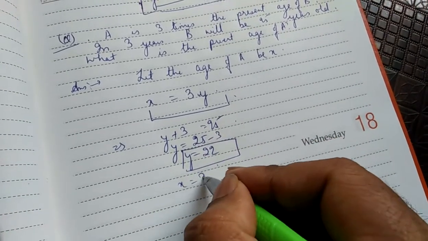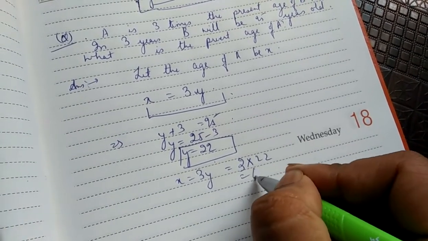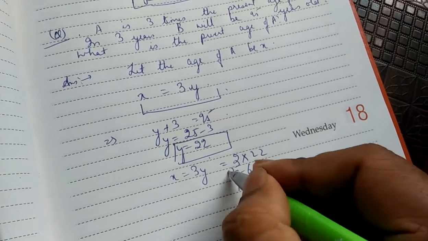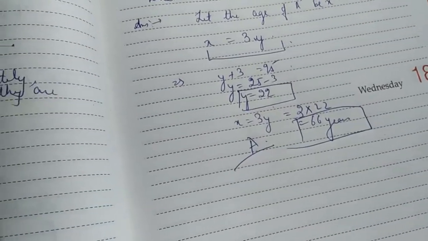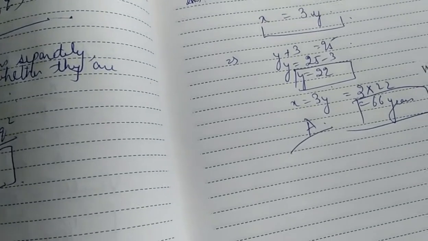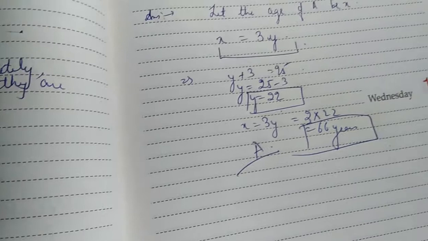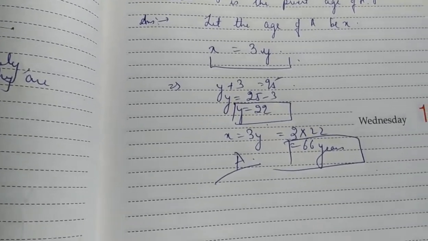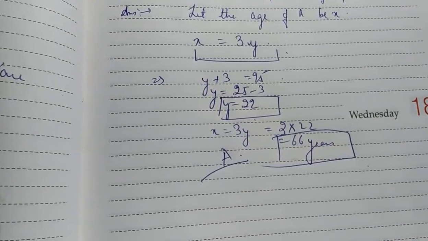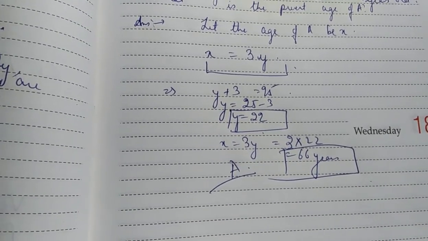X is equal to 3Y, so 3 into 22, 66 years is the present age of A. Simple enough. So this is how you make a statement in algebraic expressions. As you practice a few questions, you will be able to form much more complex algebraic statements.